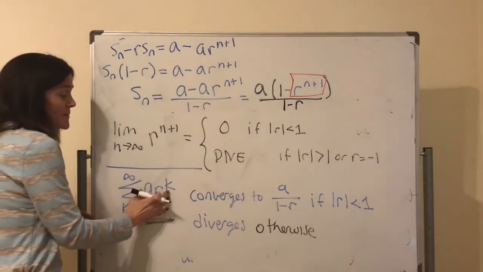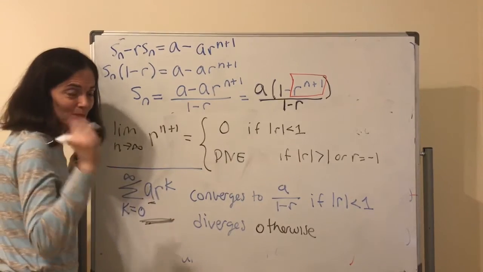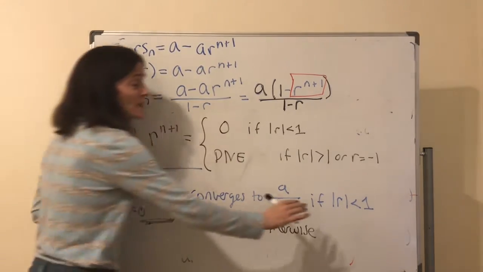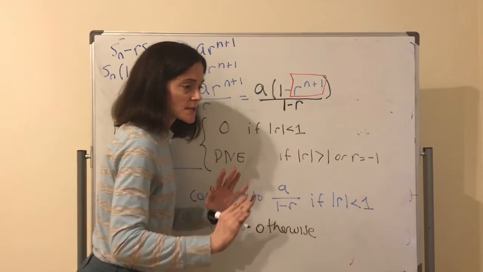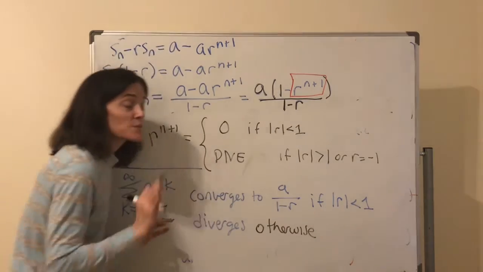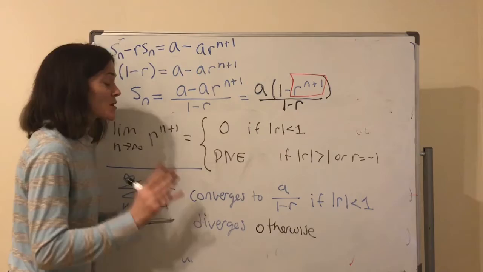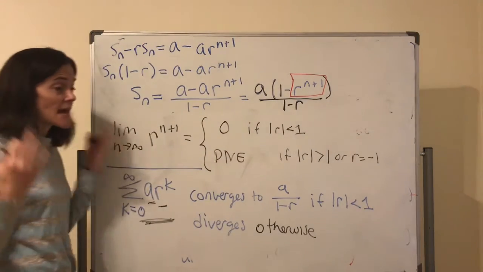But anytime you have a geometric series, all you have to do is find a, the initial term, find r, the ratio, and then if the absolute value of r is less than 1, you do this, a over 1 minus r. Converges. Okay, wonderful. If the absolute value of r is bigger or equal to 1, diverges.